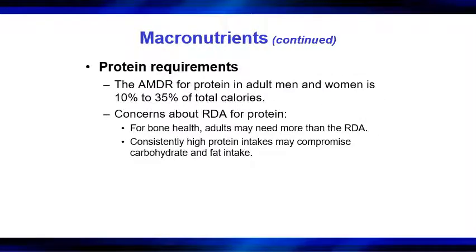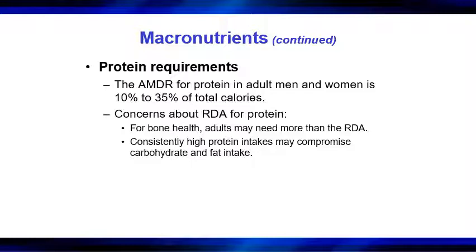So in looking further at protein requirements, what we call the acceptable macronutrient distribution range for protein, it varies a little bit. When we're talking adult men and women, we say about 10 to 30% of the total calories. Now again, we'll be mentioning some things later on as to how there could be some variation with this.